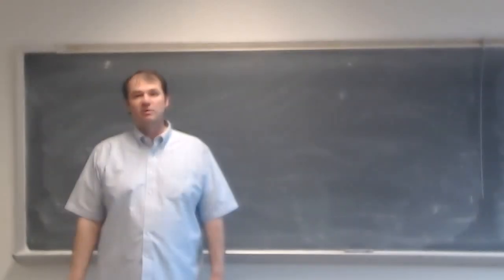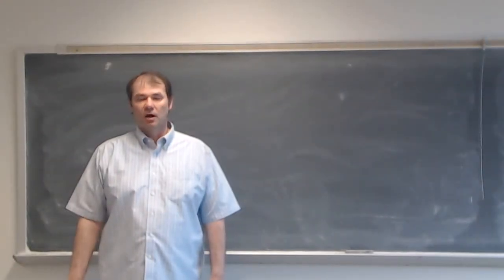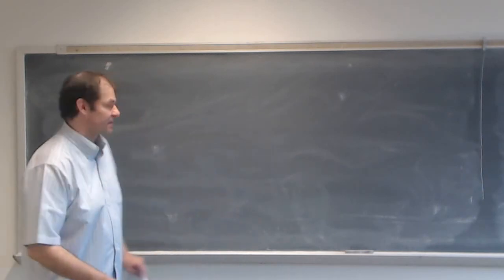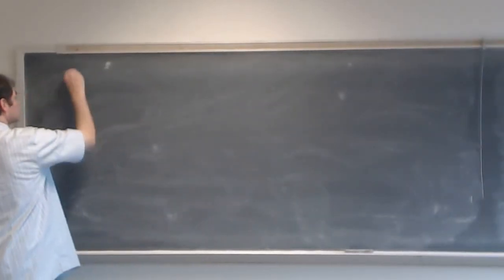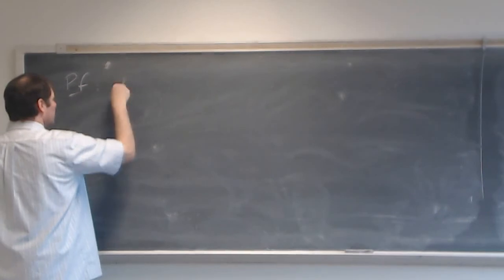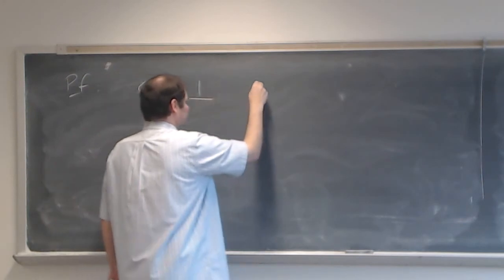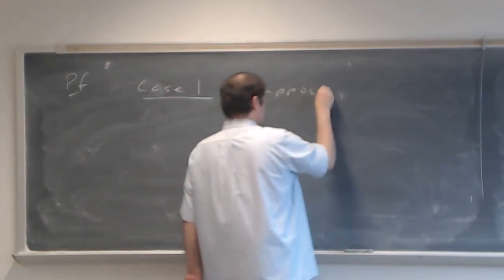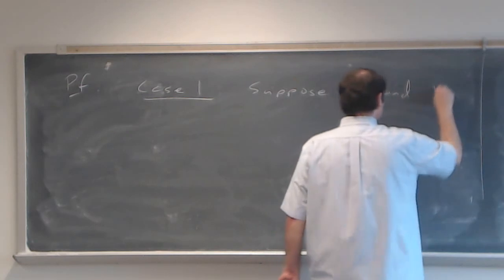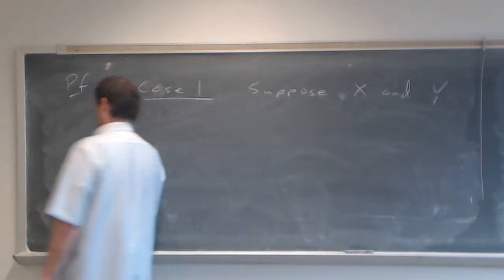The way we're going to prove that fact is to look at the right-hand side, where we're taking the expected value of the conditional expectation of X given Y. So here's the proof. For case 1, suppose X and Y are both discrete random variables.